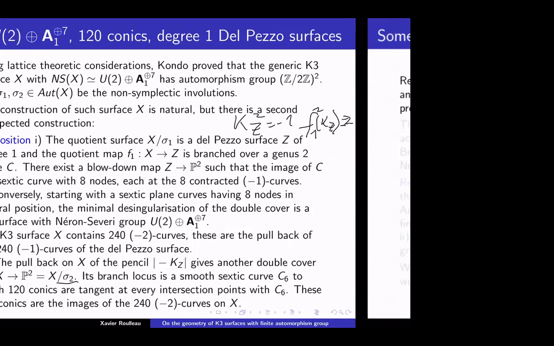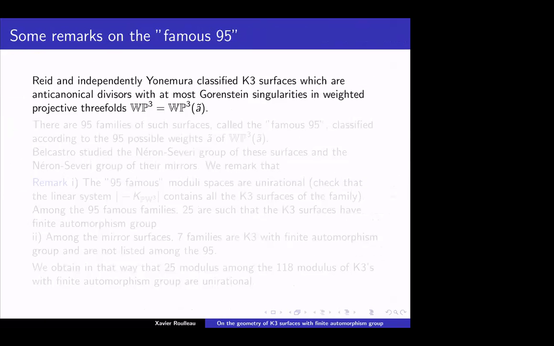So now I will mention 2 general results. The first one is about a work of Reid and Yonemura, which classified K3 surfaces which are anti-canonical divisors with at most Gorenstein singularities in a weighted projective threefold.